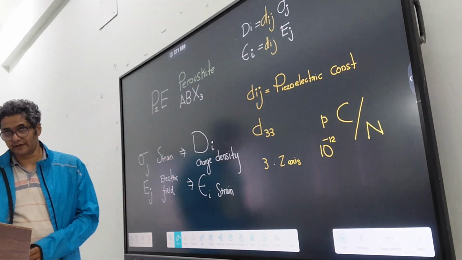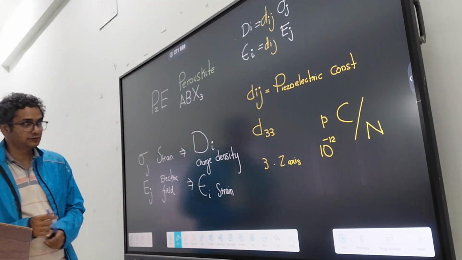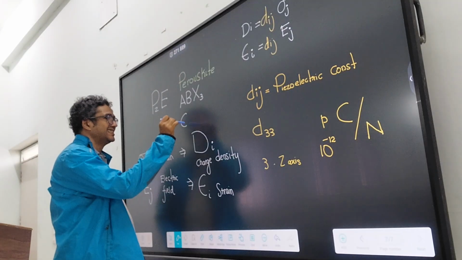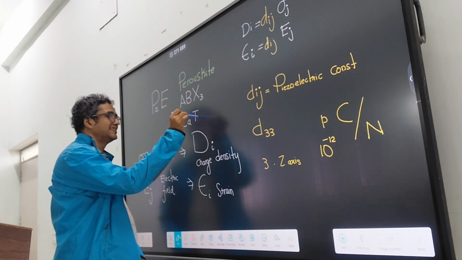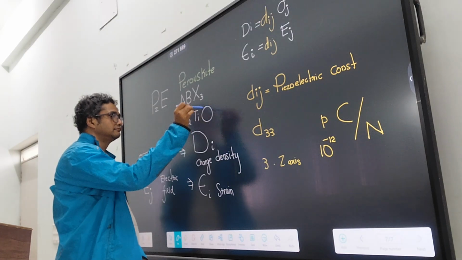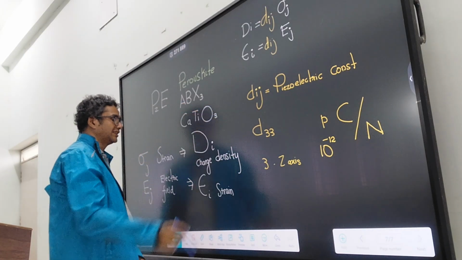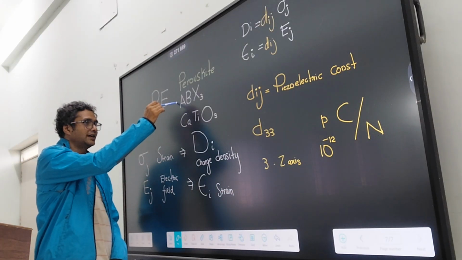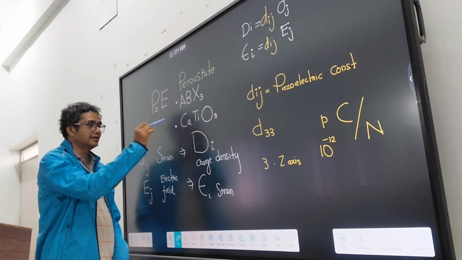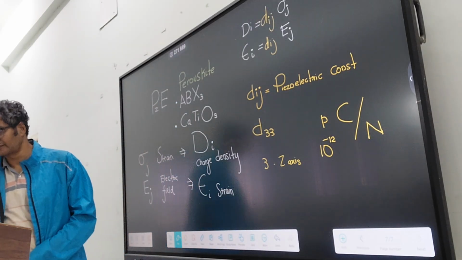He actually discovered a compound, CaTiO3. So the class of compounds which have the general formula ABX3 are called perovskites.